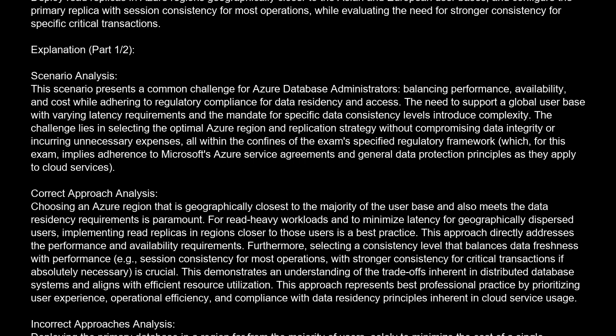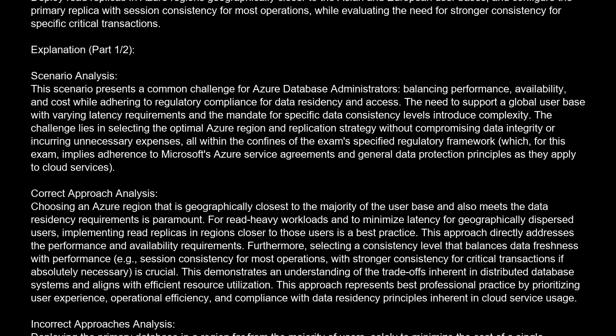Correct approach analysis. Choosing an Azure region that is geographically closest to the majority of the user base and also meets the data residency requirements is paramount. For read-heavy workloads and to minimize latency for geographically dispersed users, implementing read replicas in regions closer to those users is a best practice. This approach directly addresses the performance and availability requirements.